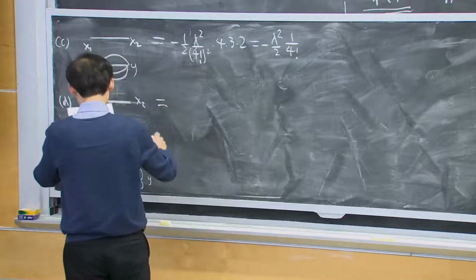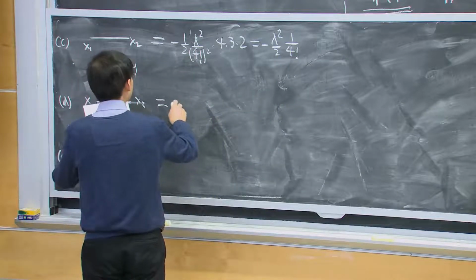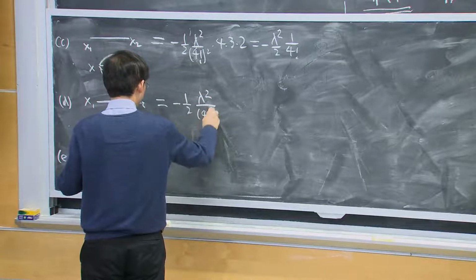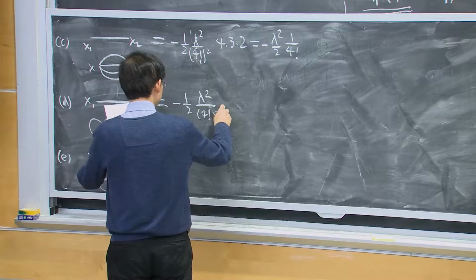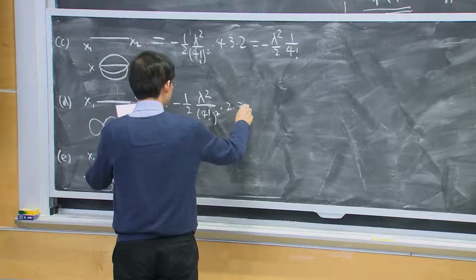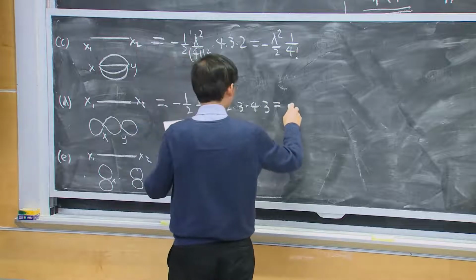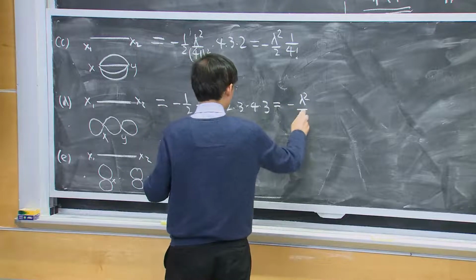And this one is, again, minus 1/2 lambda squared over 4 factorial squared times 2 times 3 times 2 times 3, so that gives you minus lambda squared divided by 16.